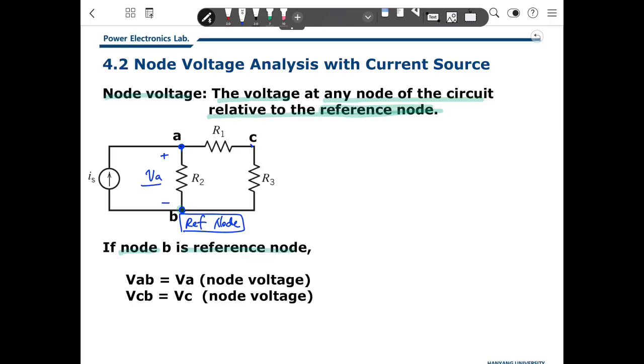VA is a node voltage. That means the voltage difference from B to A is a node voltage. And for node C, we can define the node voltage here. We say this is VC. That means the voltage difference between C and B, based on the node B to the node C. We call that a node voltage.